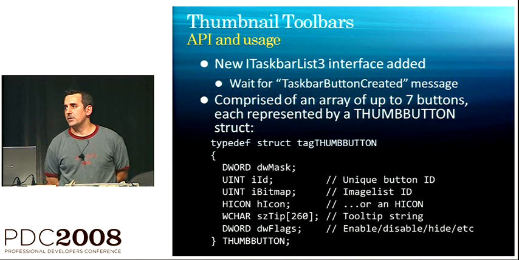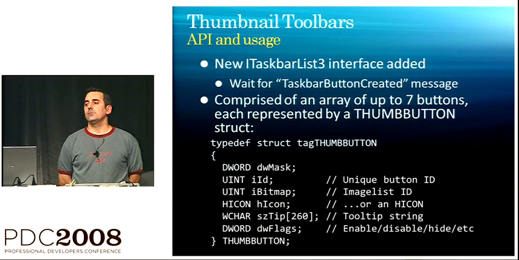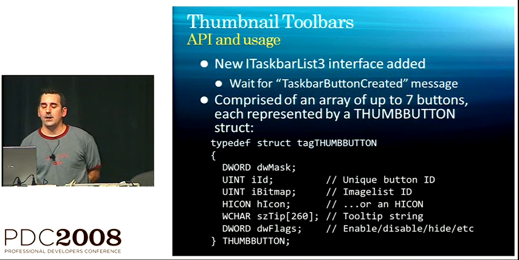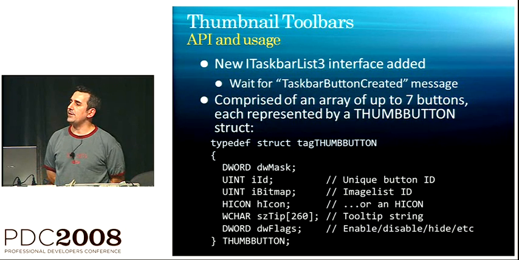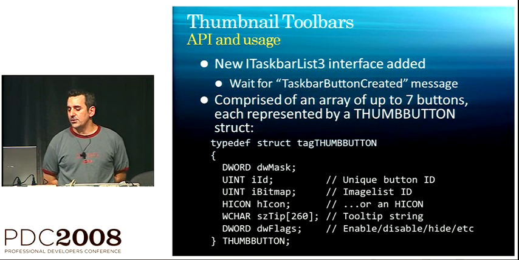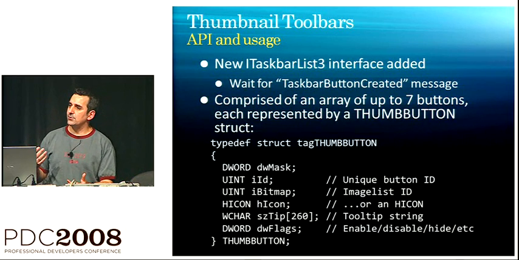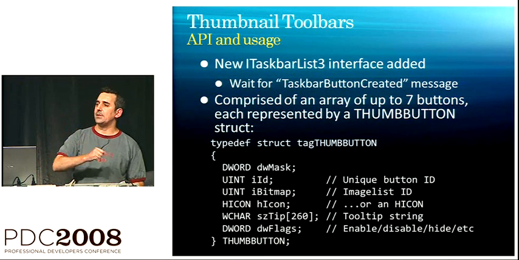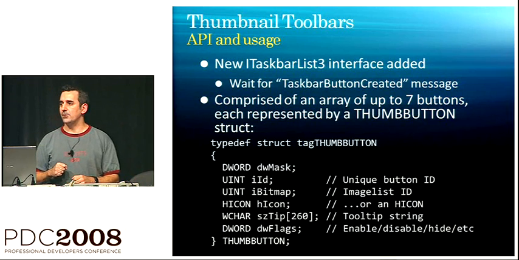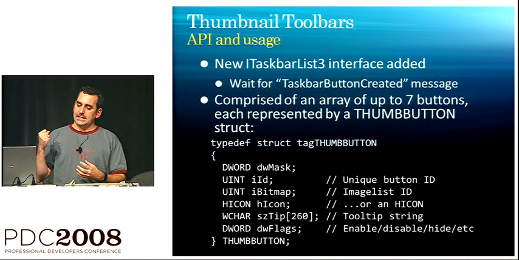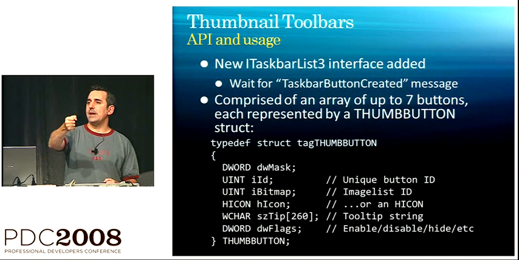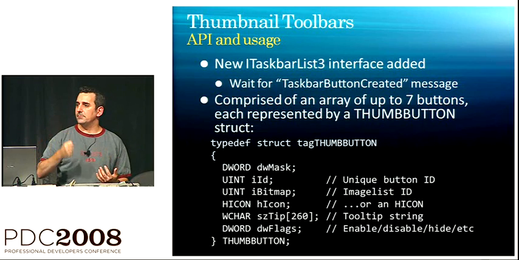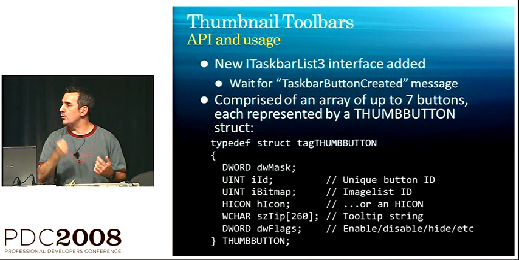Now, just one note about the ITaskbarList3 interface is we now post your window a new message, which essentially indicates it's OK to call methods on ITaskbarList3. And the reason for this is just because of the asynchronous nature in which the taskbar gets notification of a window being created and your application getting notification of its windows being created. What can happen is your application can say, oh, my window's just gotten created, so I want to go ahead and, for example, create a thumbnail toolbar for my window.